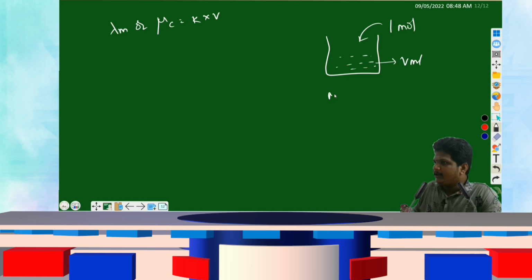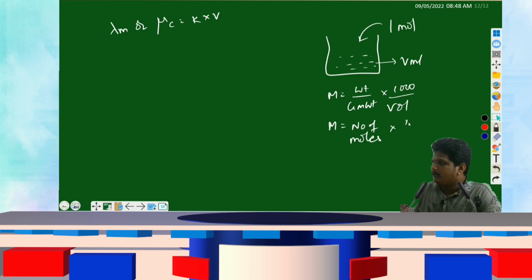We know that molarity is equal to weight by gram molecular weight into 1000 by volume. Weight by gram molecular weight is nothing but the number of moles, so molarity is number of moles into 1000 by volume. The number of moles is 1, so molarity is equal to 1 into 1000 by V, where V is equal to 1000 by m.